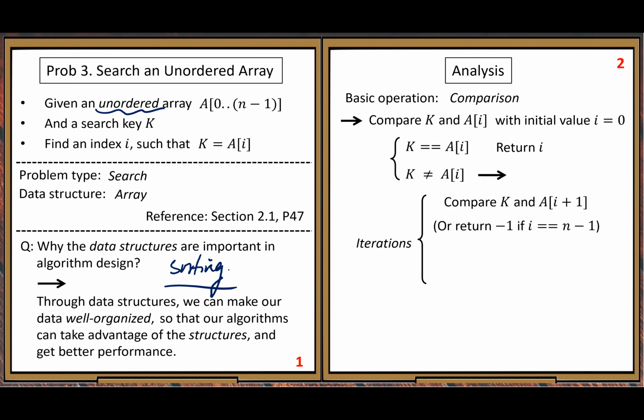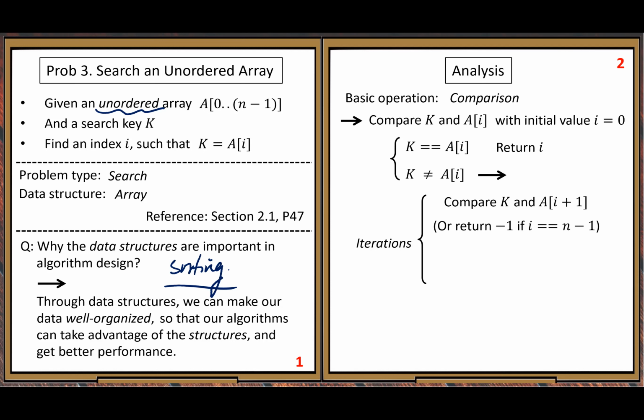After you compare k with all the elements in the array, that means your i moves to the last index, n minus 1. After that, you do not have a match, no match. Then you return -1.